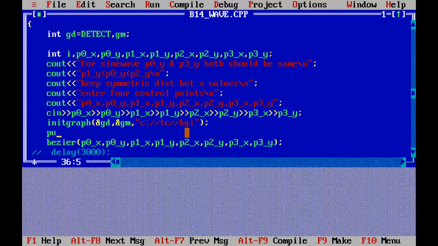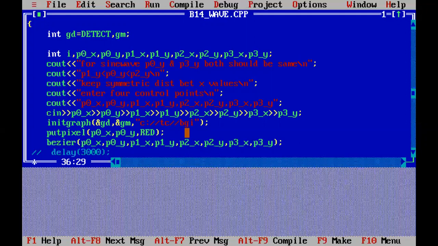So we can say put pixel, first control point is our p0x comma p0y, and by using the color, we'll use red over here.